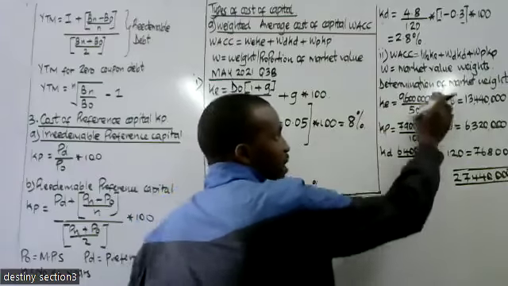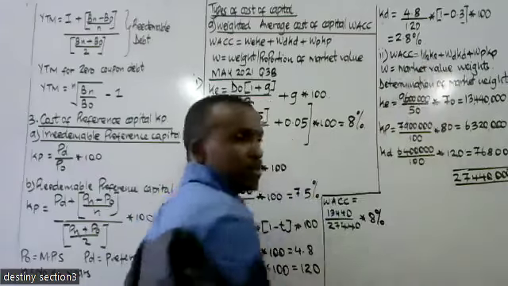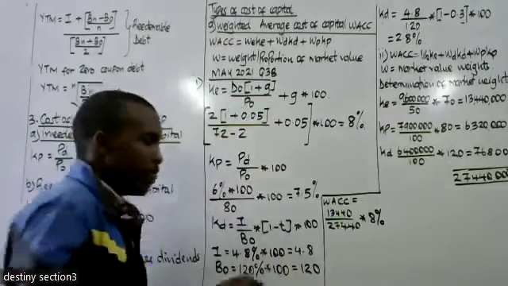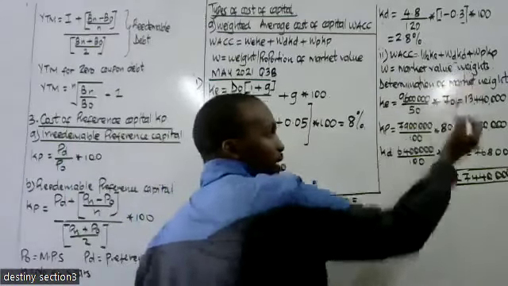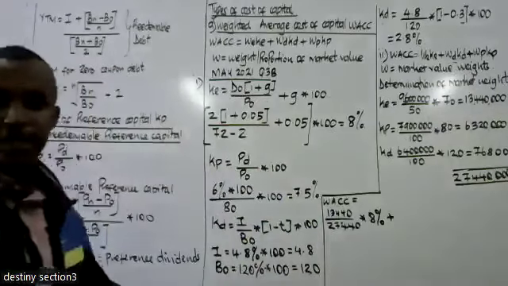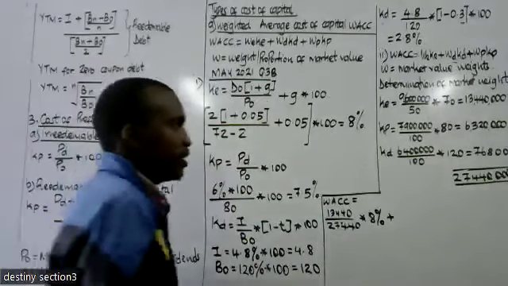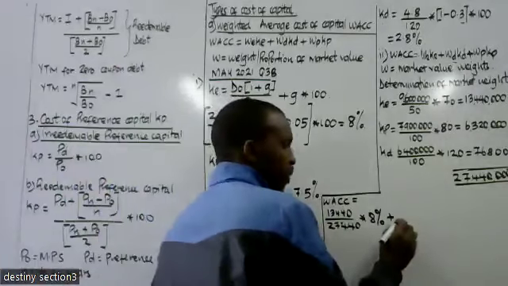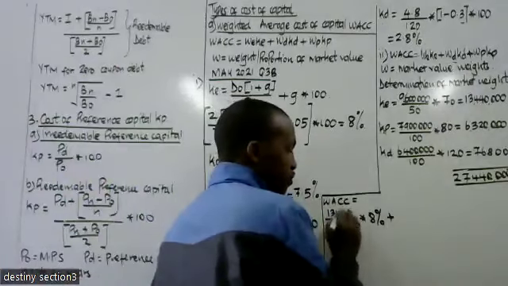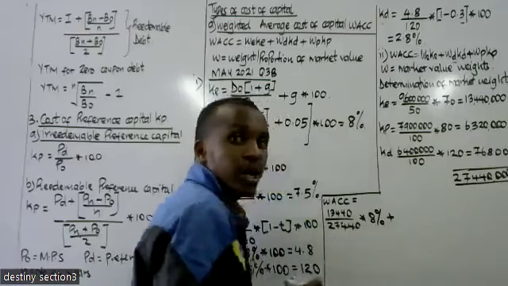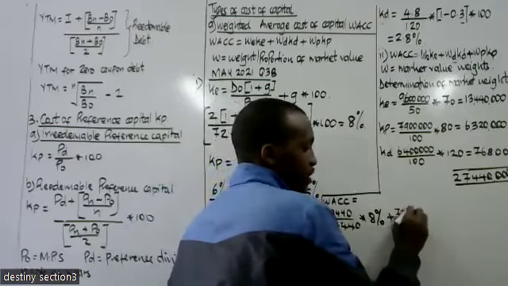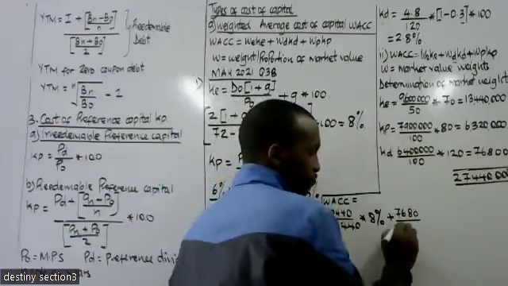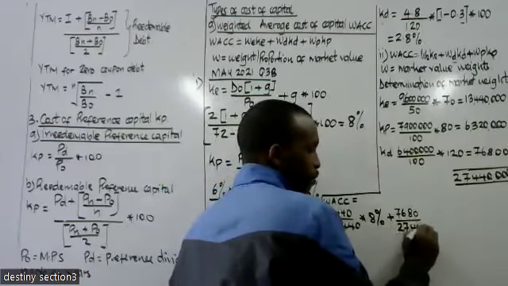So we are here. Plus the weight of debt. The weight of debt, what do you take? 7680, you divide by 27.40.